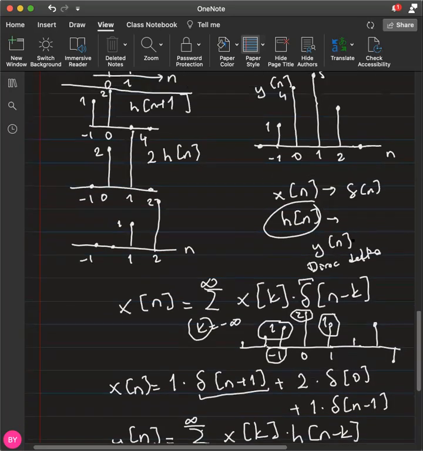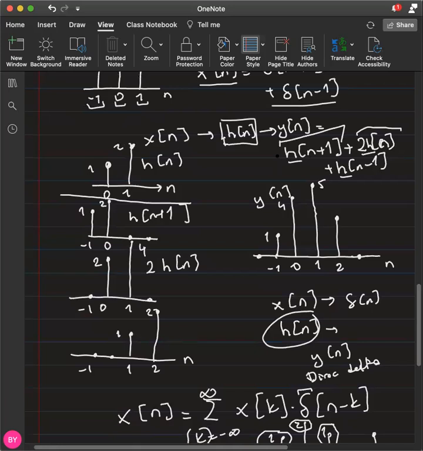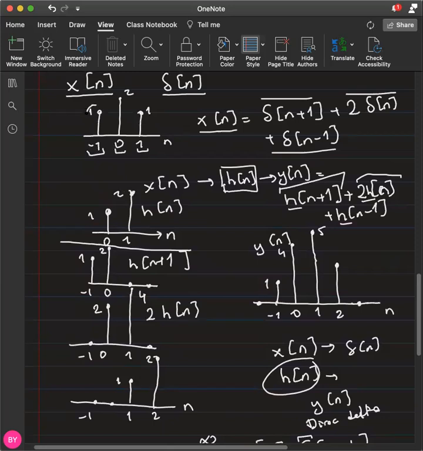So what did I have here, arkadaşlar? X of k. What was it? 1, right? X of k, 1 times h n plus 1. Why is it n plus 1? Because k is minus 1. What is 2? It is coming from this one.